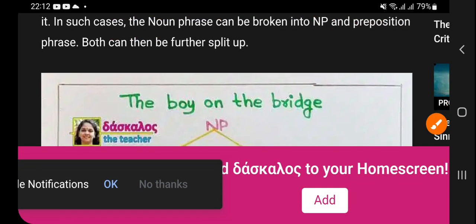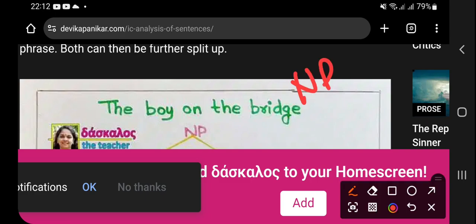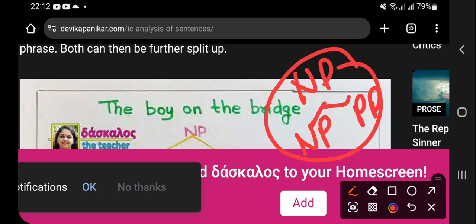In such cases the noun phrase can be broken into a noun phrase and a prepositional phrase. This structure is possible, right?